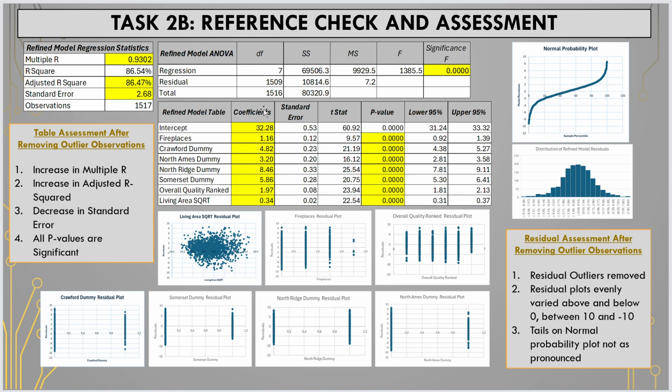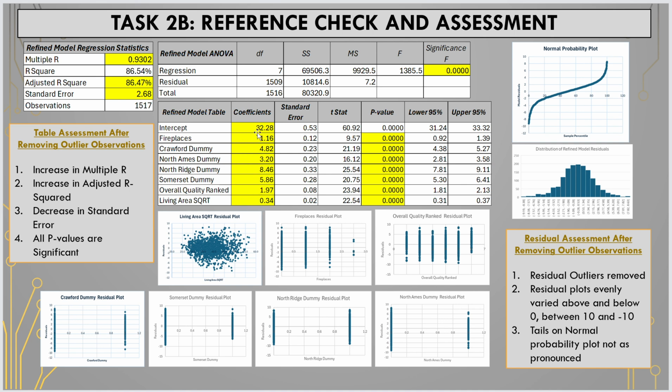This also tells us the multiplier as we add one additional fireplace to the house. And this is the multiplier as we increase the rank by 1, and so on and so forth. Again, we'll take a more in-depth look at that when we actually do a prediction, because we're going to use these coefficients.